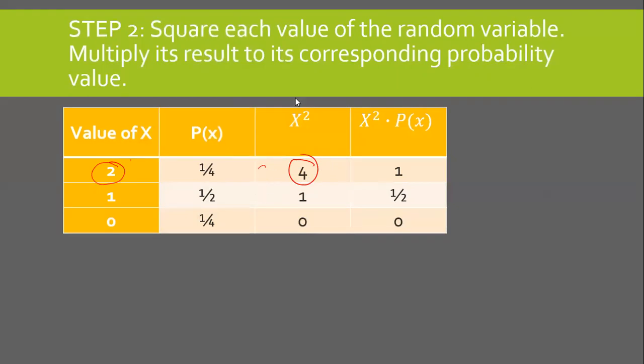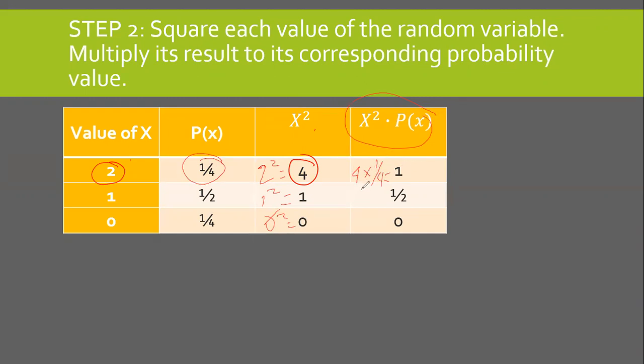On the last column, you have to multiply your x squared by its probability. What is the value of your first x squared? 4. So you have 4 times the probability, which is 1 fourth, equals 1.